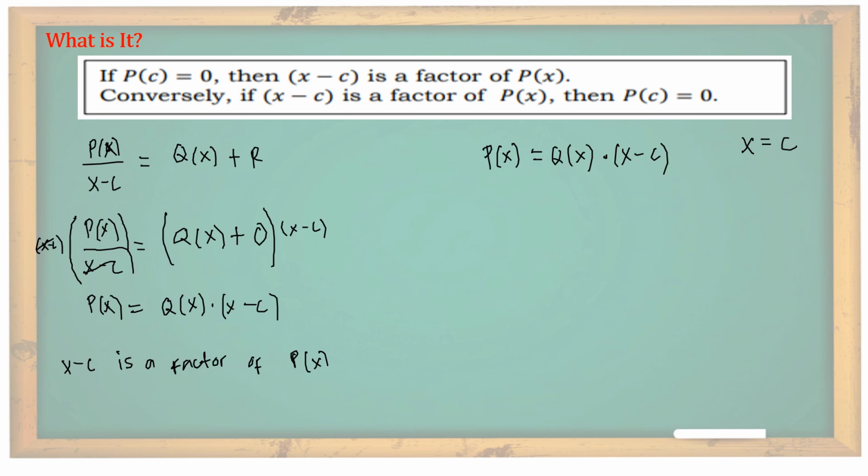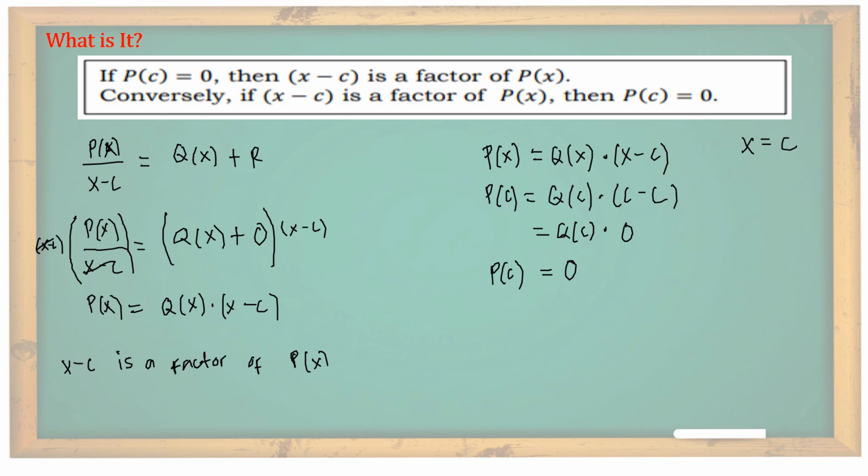I-substitute natin yung c dito sa x. So P of c is equal to Q of c times c minus c. And that is equal to 0 times Q of c, which is equal to 0. Ayan. So P of c now is equal to 0. Thus, x minus c is a factor of P of x.